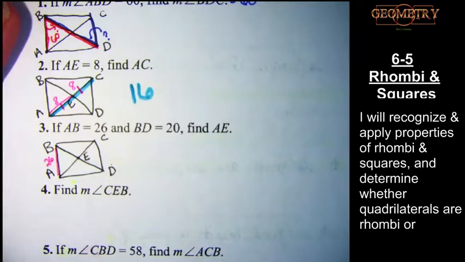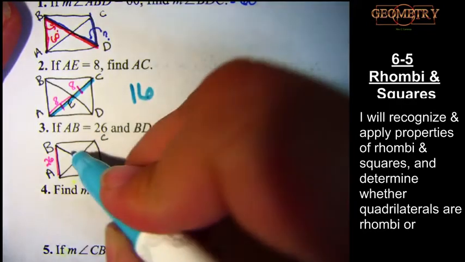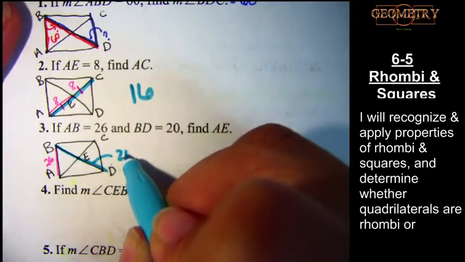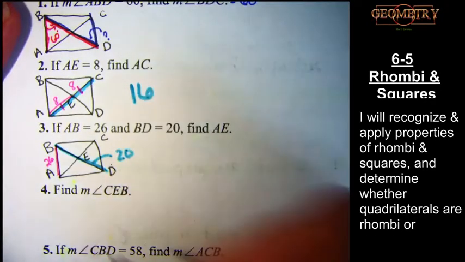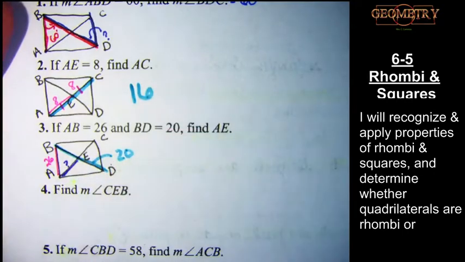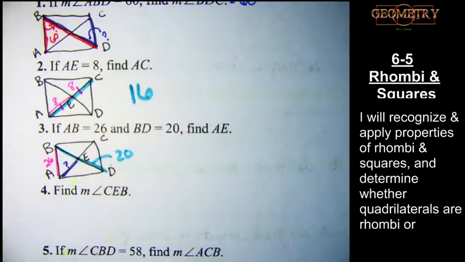I'm told that the measure of BD, this entire thing, is 20. And I want to figure out what's this one. Now the issue with this is that I need more information.